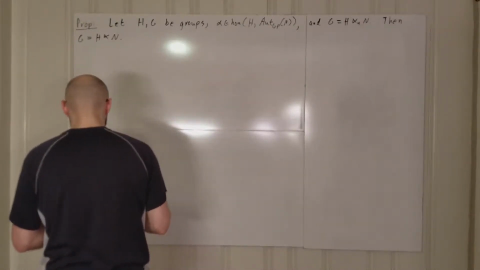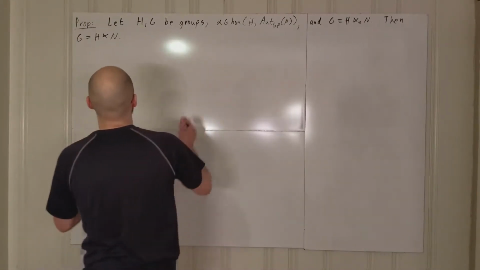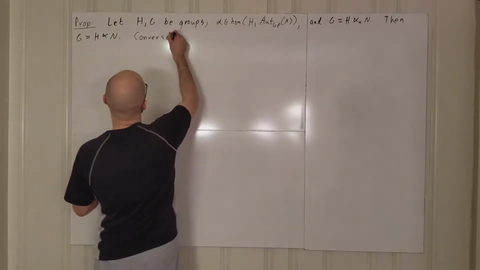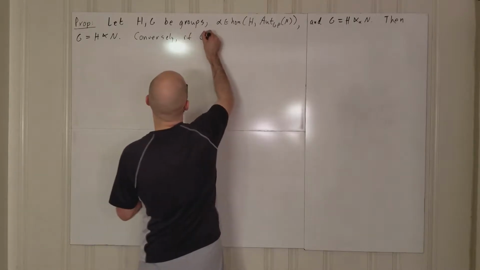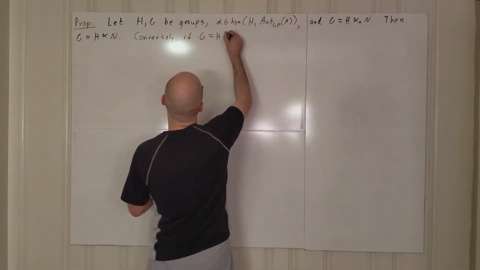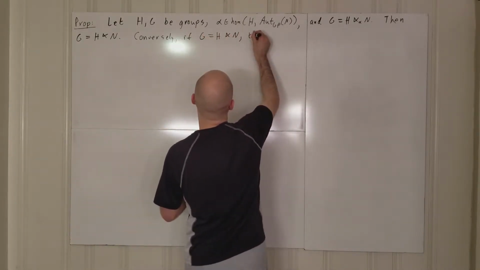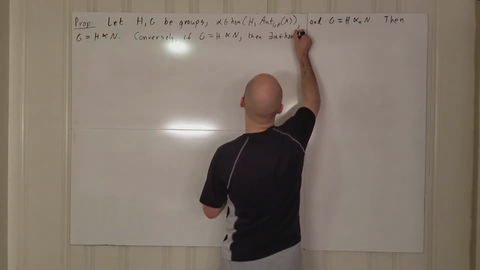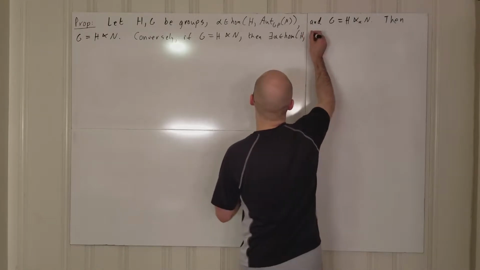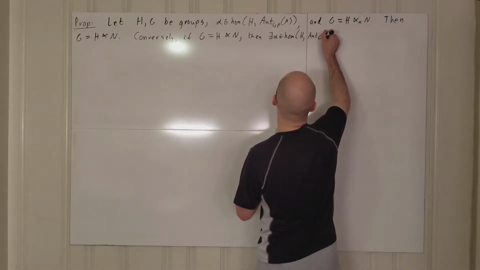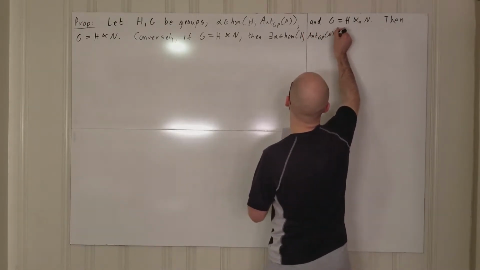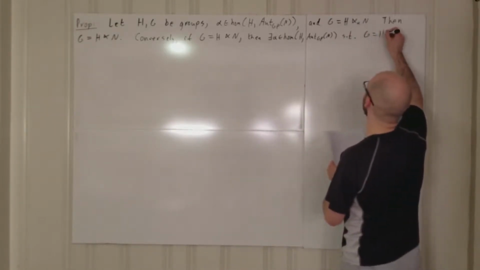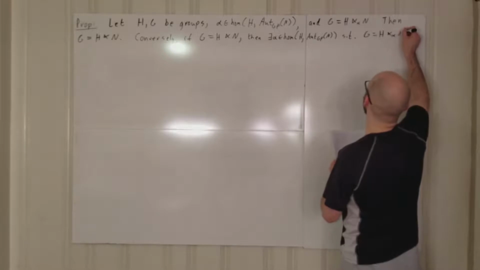Anyways, so conversely, if G is the semidirect product of H and N, then there exists an alpha in homomorphisms from H to the automorphism group of N, such that G is H alpha N.